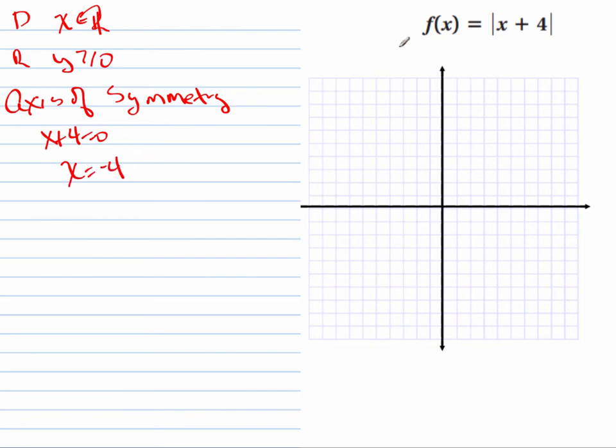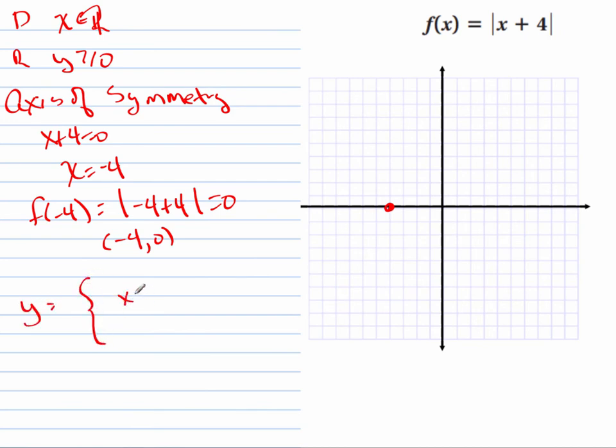When x is negative 4, f of negative 4 is equal to 0, so your vertex is going to be at the point negative 4, 0. 1, 2, 3, 4, 0. So that's my vertex. Now we can write this as a piecewise function. x plus 4 when x is greater than or equal to 0, and minus x plus 4 when x is less than 0.